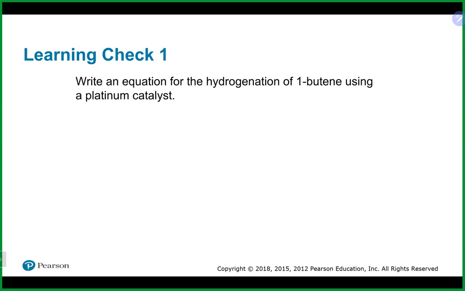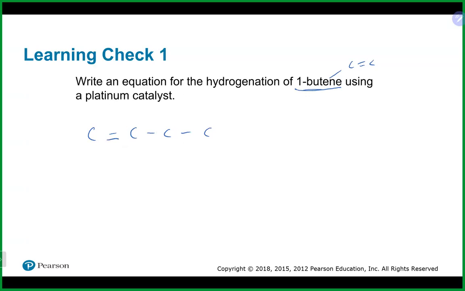Okay, let's take a look. So obviously to do this, we should start with the correct structure here. I see ENE, which tells me it should be a double bond, right? So that tells me I've got a carbon double bond. I see butene, which is based off of butane, which should be 4 carbons. And 1-butene would mean that the double bond should be at carbon number 1 there.